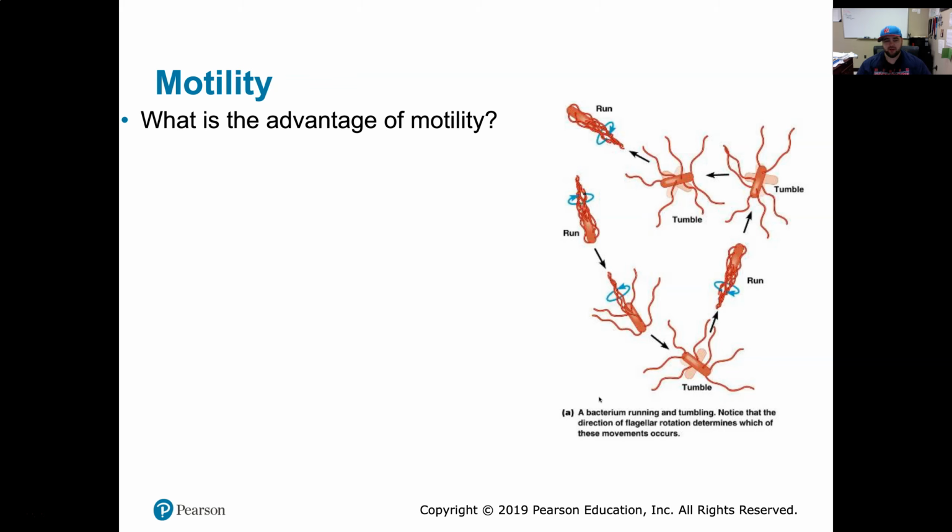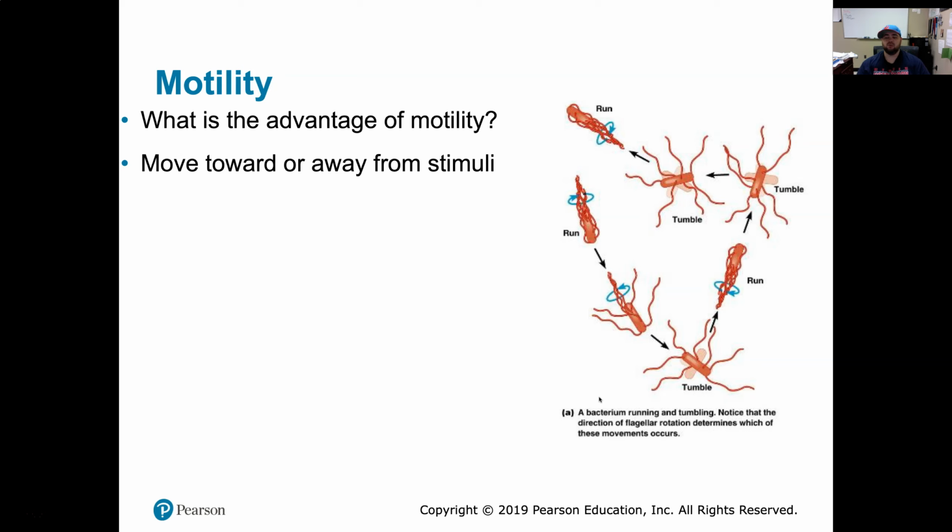So what would be the advantage of motility, right? If you're a bacteria, what's the advantage of motility? Well, let's say you live in an area where there's very little nutrition, very little nutrients. So you can move to a different place. You can move toward or away from stimuli. Some bacteria move toward or away from sunlight, or certain chemicals, or even magnetic fields.